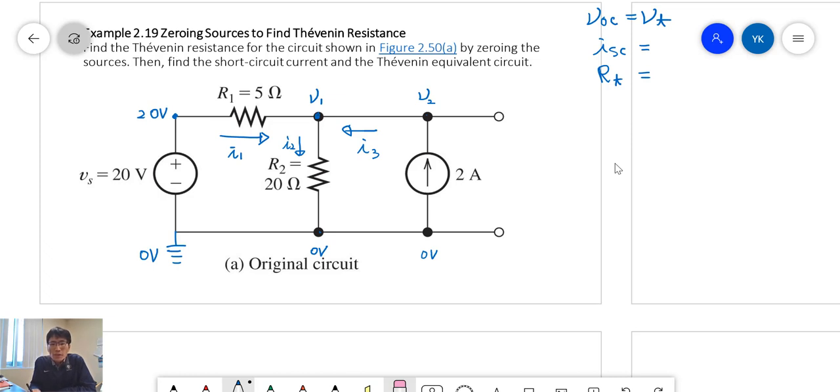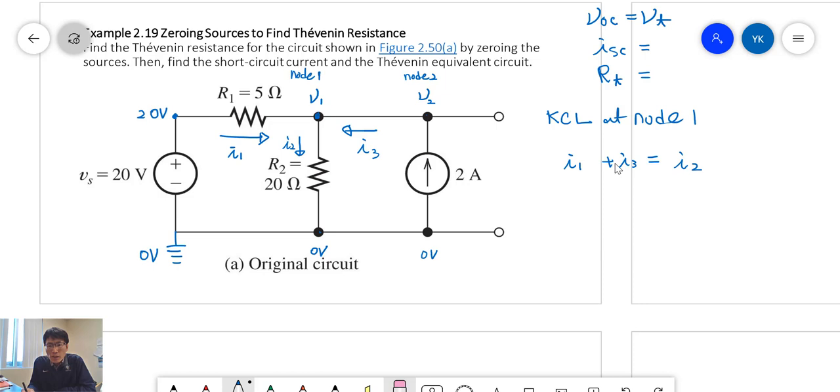Okay, now node voltage analysis for VT. We apply the KCL equation first. In node 1, with KCL, current I1 is coming in, and I3 is also coming in, and I2 is coming out.